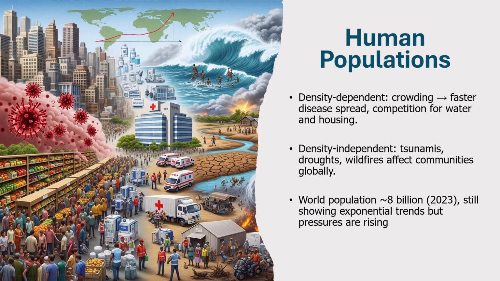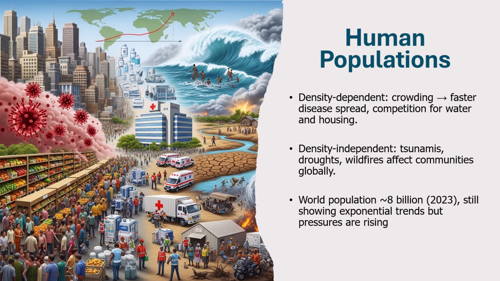Humans are also subject to both factor types. Density-dependent factors show when disease spreads more rapidly in cities than in rural areas. For example, COVID-19 starkly illustrated this. Food shortages and intense competition manifest as human centers grow. Meanwhile, density-independent factors like tsunamis in Indonesia or drought in Africa impact human populations regardless of density.